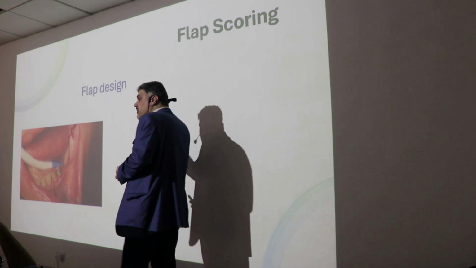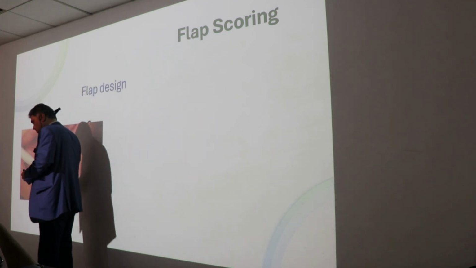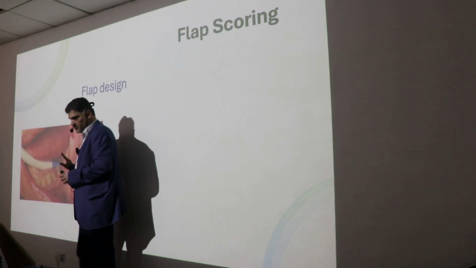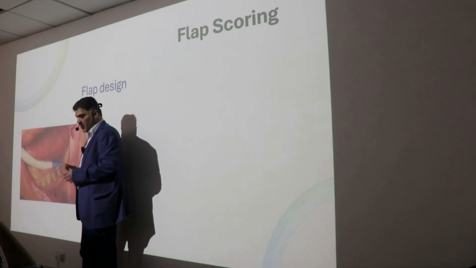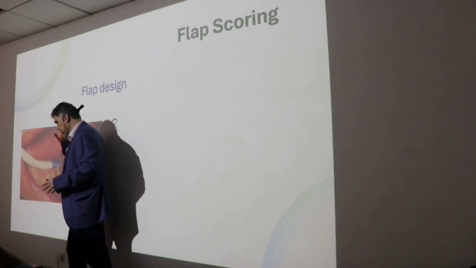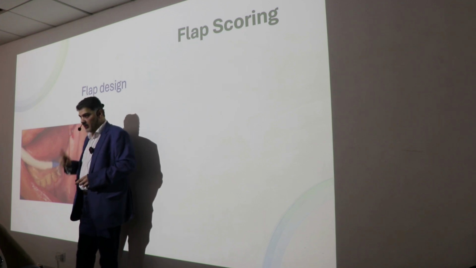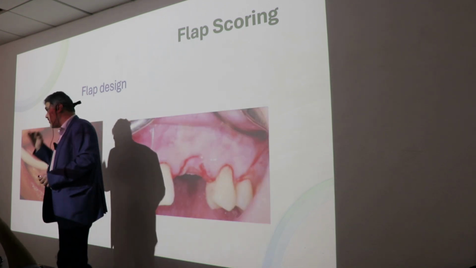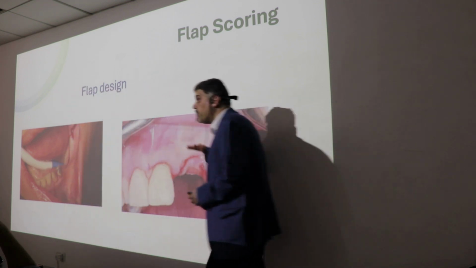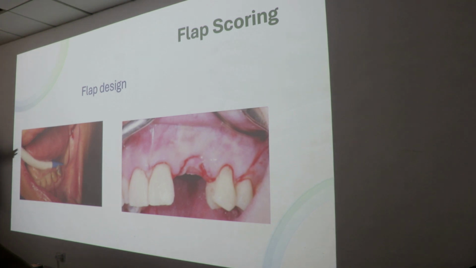If we are working on the mandible, always keep your crestal incision in the midline. Now we are planning to do bone graft. Keep it on the midline. While on the upper, keep your incision on the buccal. Why in the middle in the lower, and on the buccal in the upper?